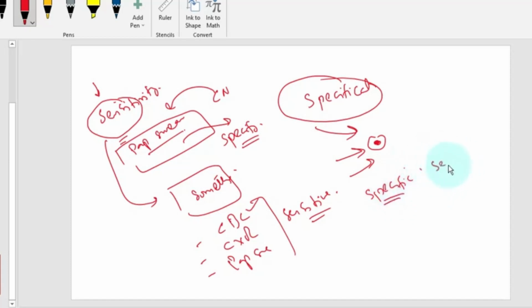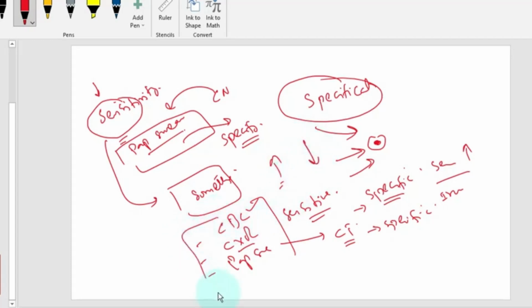For example, if serum ferritin is high, you can be damn sure that it's iron deficiency anemia, keeping in mind the other parameters as well. If you find something on the chest X-ray, you perform the CT of that area, then CT is specific. So most tests that are high in sensitivity are low in specificity, like these tests.